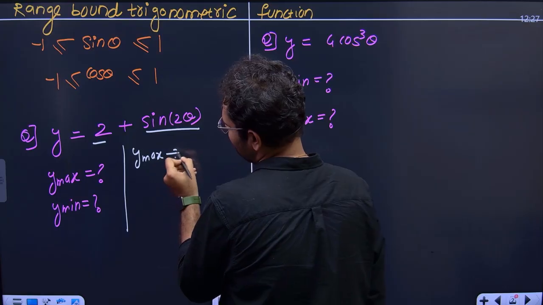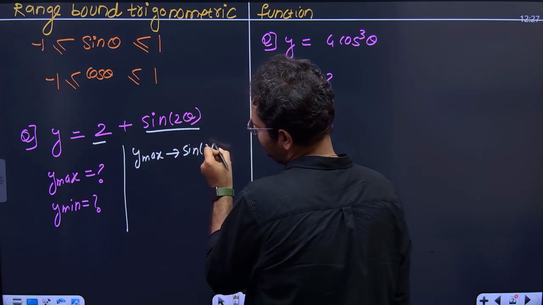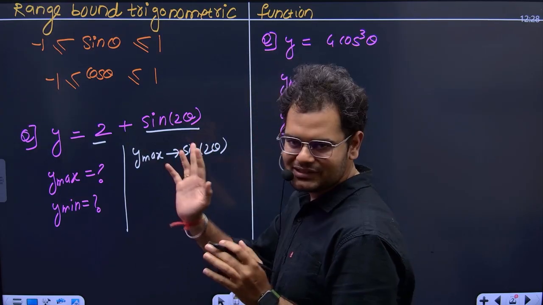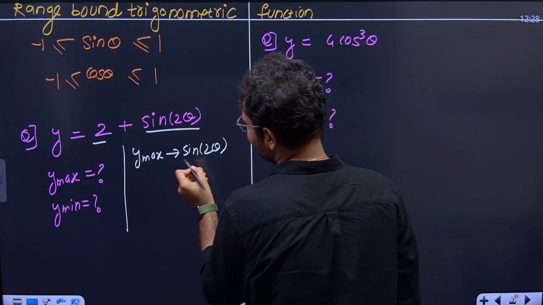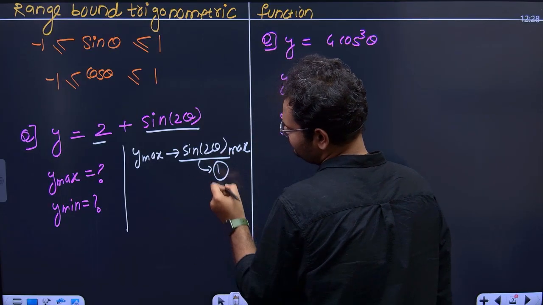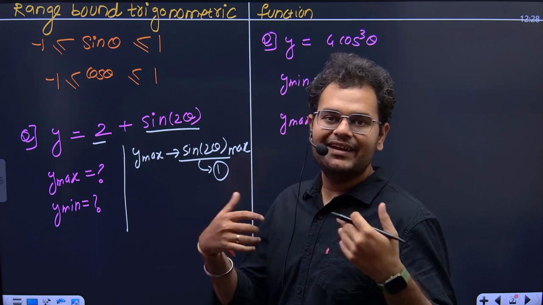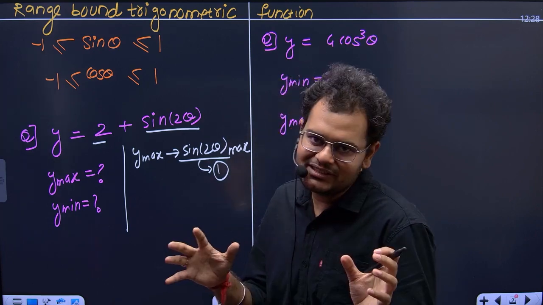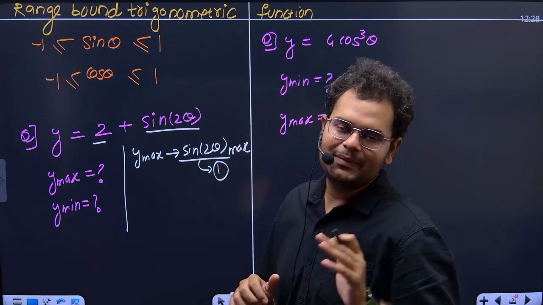Y will be maximum when sin 2 theta will be maximum, because anyway 2 is a constant number. So what is the maximum value of sin 2 theta? It is 1. Sin 2 theta, sin 4 theta, sin 100 theta, doesn't matter. Wherever the sine function is there, maximum value is 1 and minimum is -1.